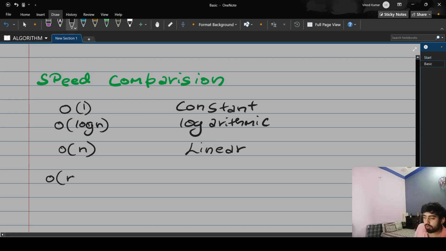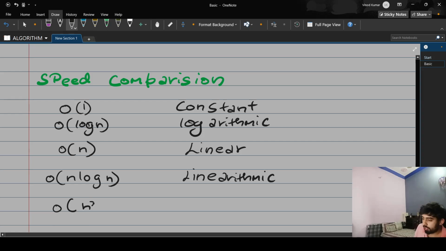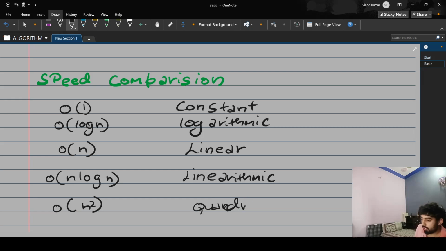Then big O of n log n, which is linearithmic. Then big O of n square, which you can say is the quadratic function.